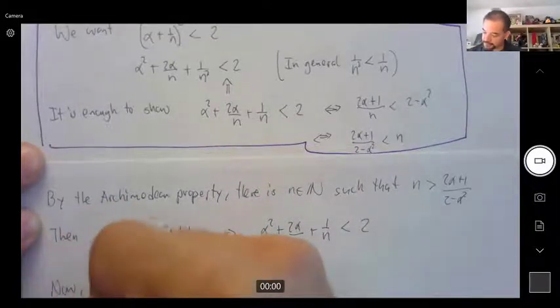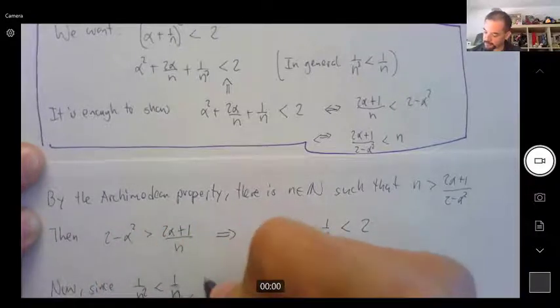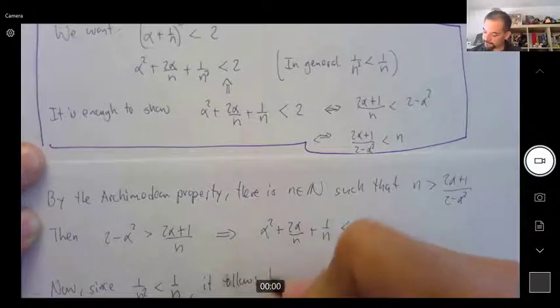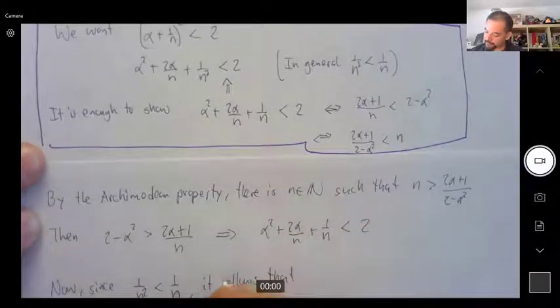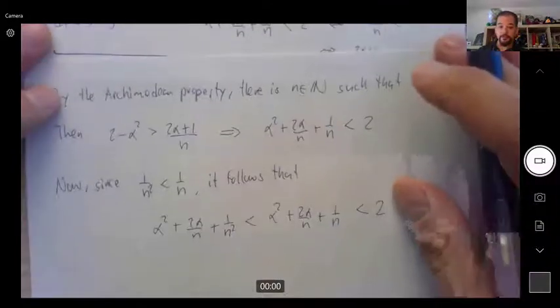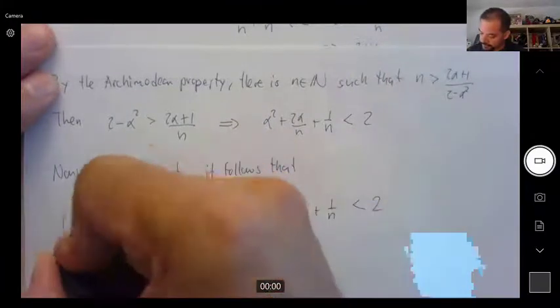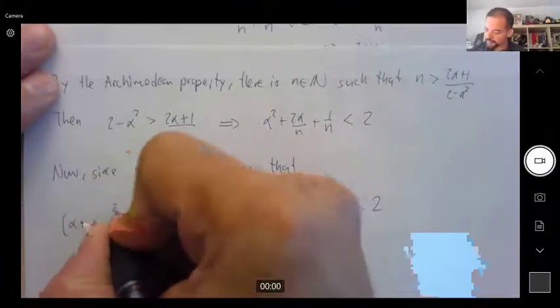Now, since 1 over n squared is less than 1 over n, it follows that alpha squared plus 2 alpha over n plus 1 over n squared is less than alpha squared plus 2 alpha over n plus 1 over n, which is less than 2. This is the one I had before, and this is my new inequality that I'm using here. Oh, you couldn't see. Okay, and this guy over here is actually alpha plus 1 over n quantity squared.